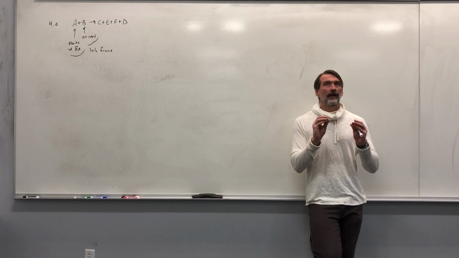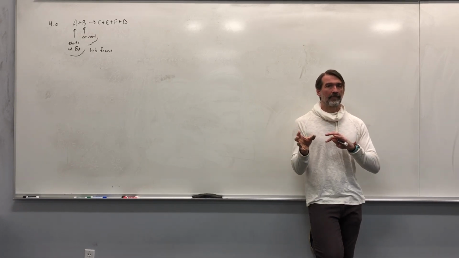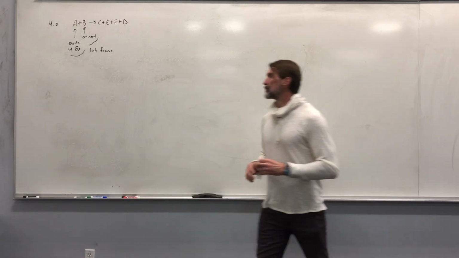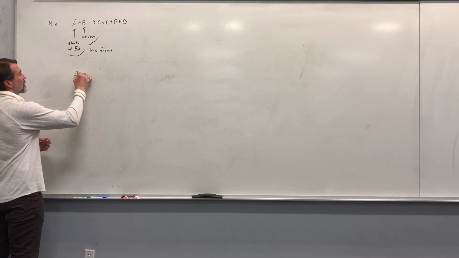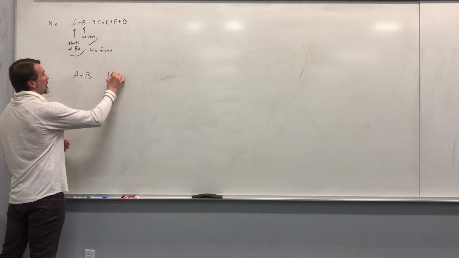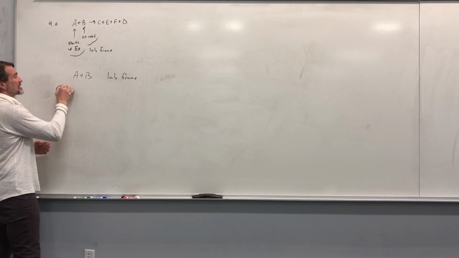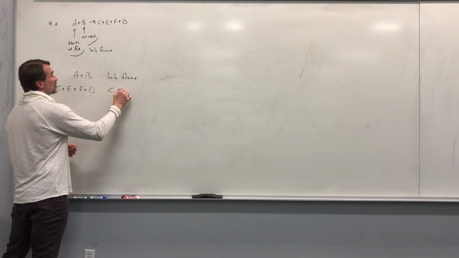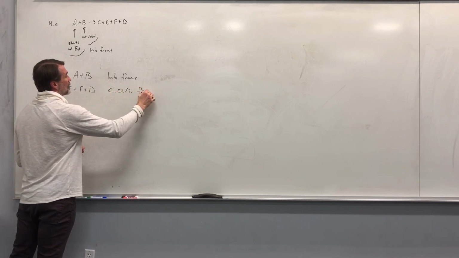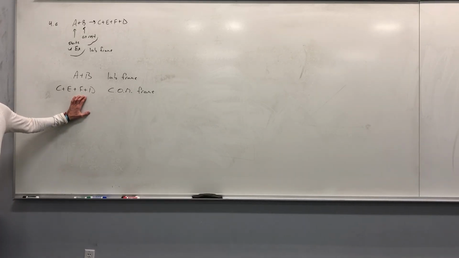is I'm actually going to ask you this in different frames. So what I'm going to do is look at A plus B in the lab frame, and then look at C plus E plus F plus D in the center of momentum frame, because in the center of momentum frame, these are all at rest.